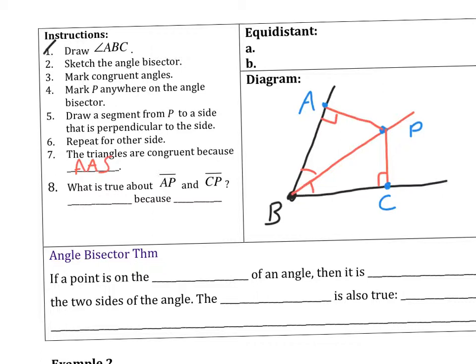So what's now true about AP? Well, those two have to be congruent. Why? By CPCTC. In fact, there are other things you can say are congruent too. You can say that AB is congruent to BC. You also know stuff about other angles too. What else do we know? We know that this angle here has to be congruent to this angle here.